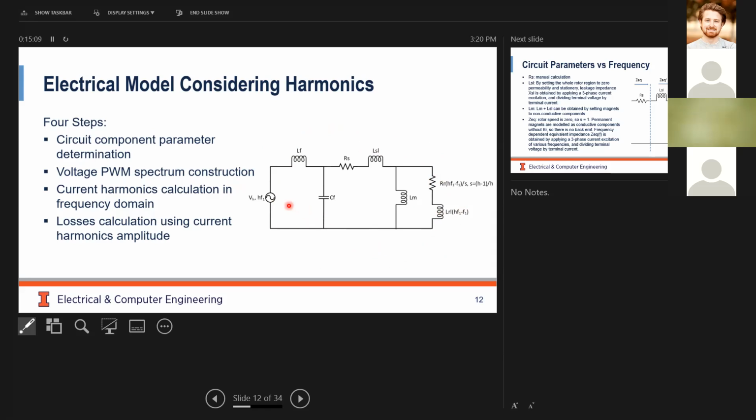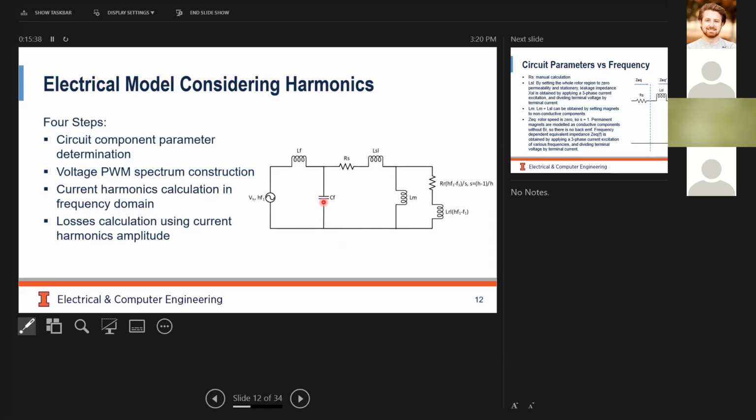For each particular frequency, we will have an equivalent circuit like this, but they have this general form. LF and CF is the filter. Because of the low inductance, we have to add a filter between the inverter and the motor to filter out the high order harmonics. And then this is the motor.